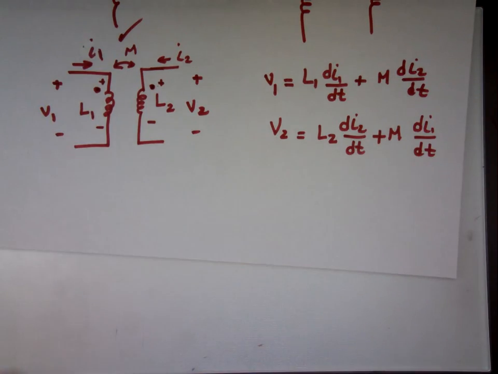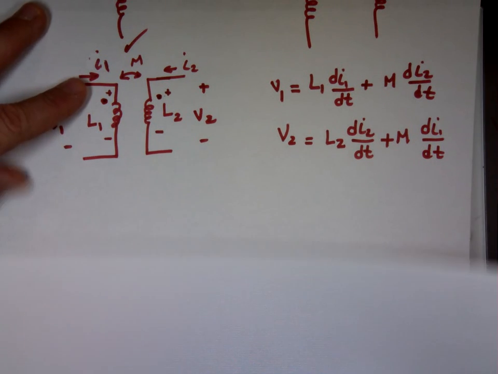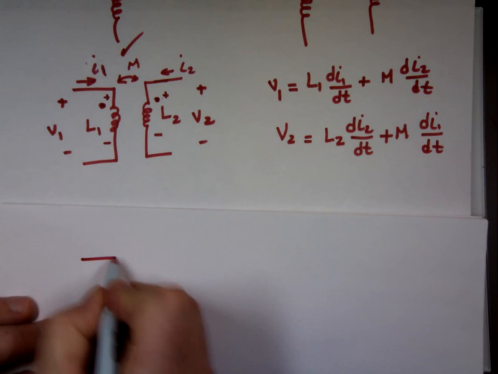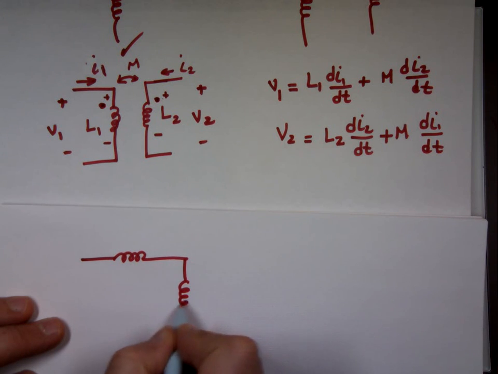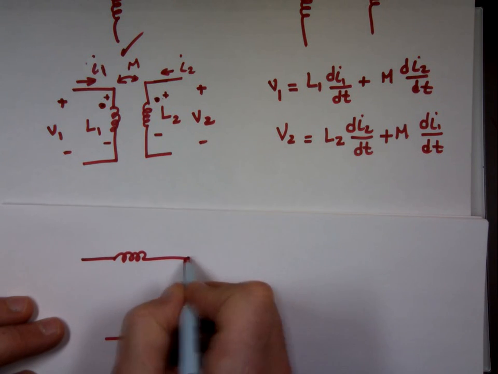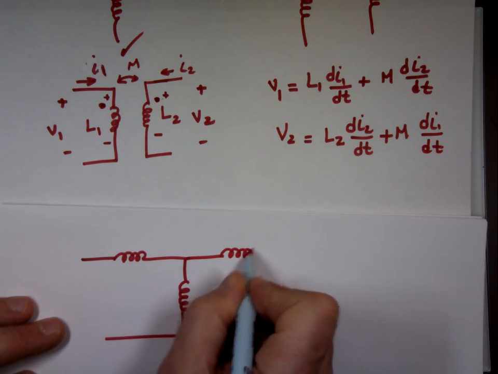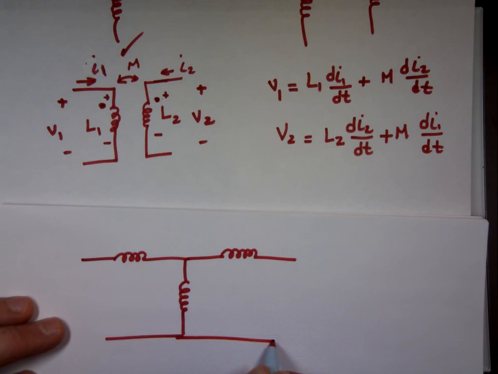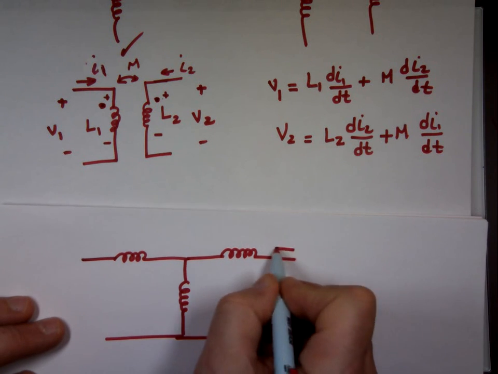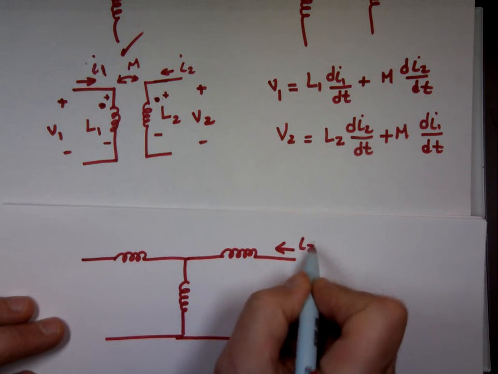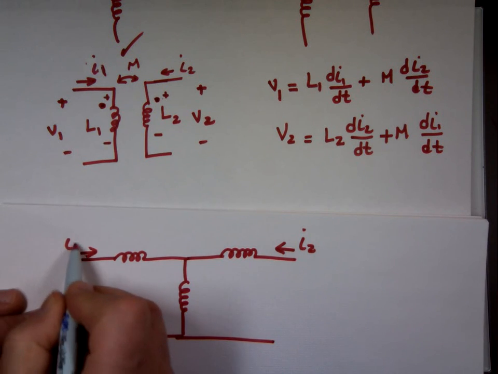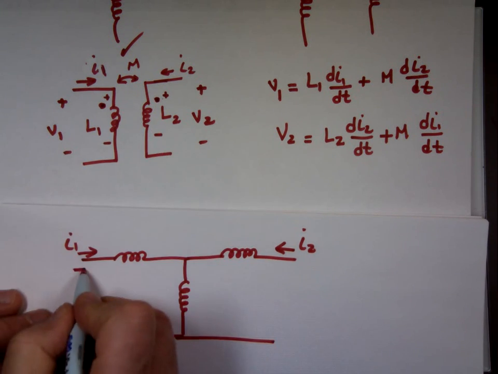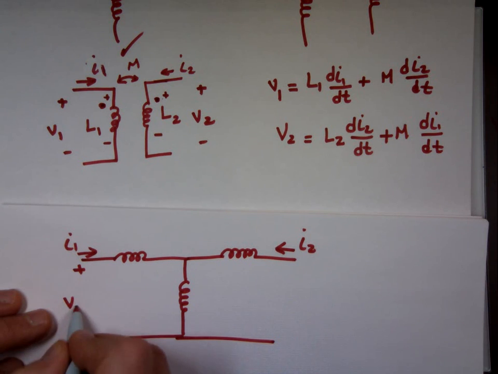Now let me give you a different circuit. In this one, there is no mutual inductance. I sub 2 goes in the same direction as in this one, and I sub 1 is going the same direction like this one. And this is V1, and this is V2.